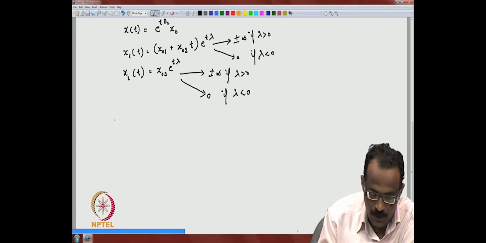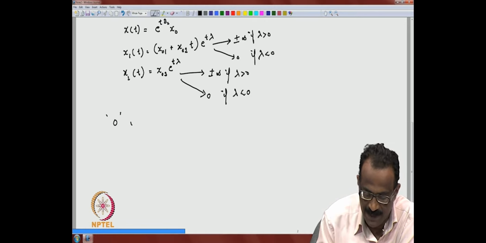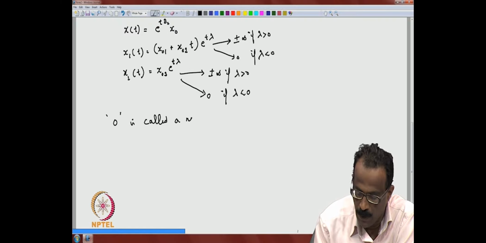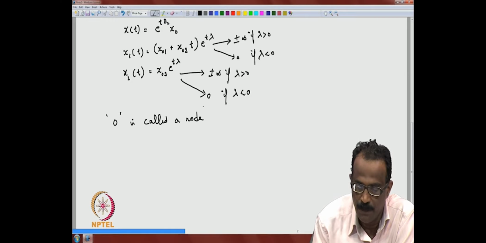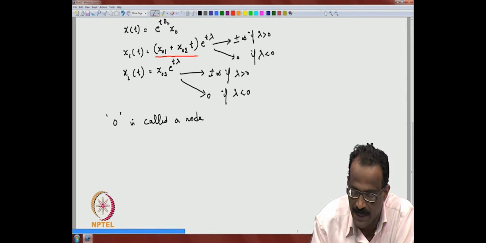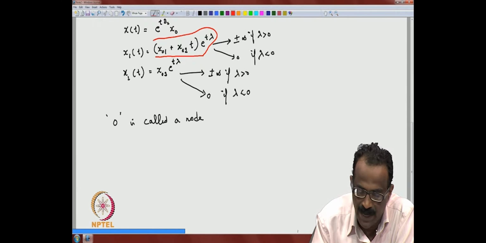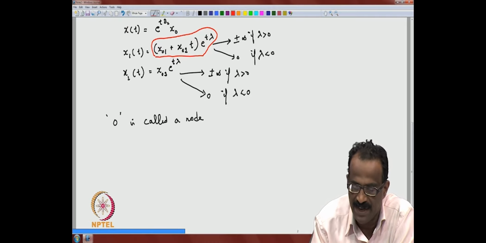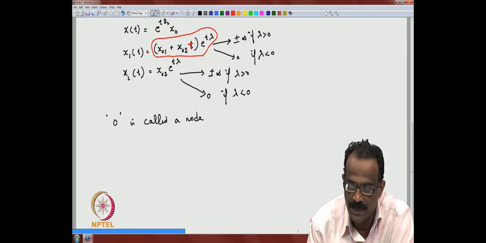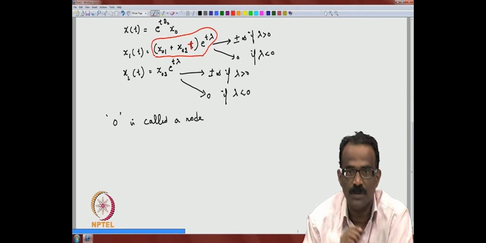Again the origin is called a node. The only difference is that because of the appearance of this term, when you plot the trajectory in the neighborhood, it may have a different behavior. But because there is a t here, this will go to infinity, and the effect of x01 will be wiped out. Eventually it will behave like this term because of the t.